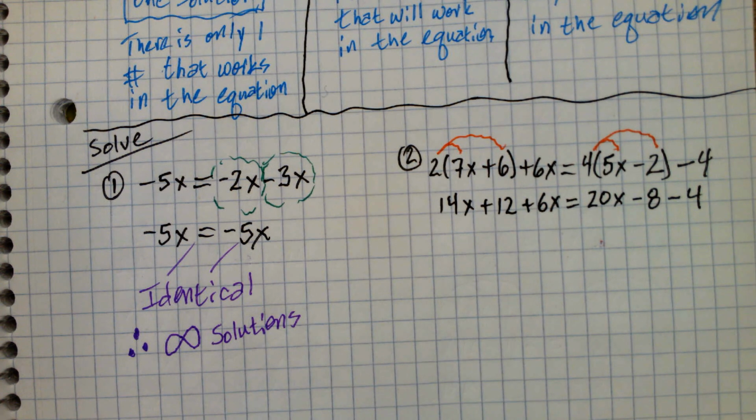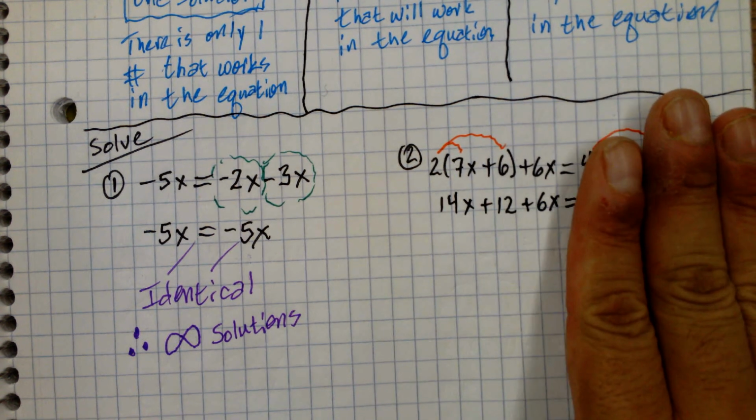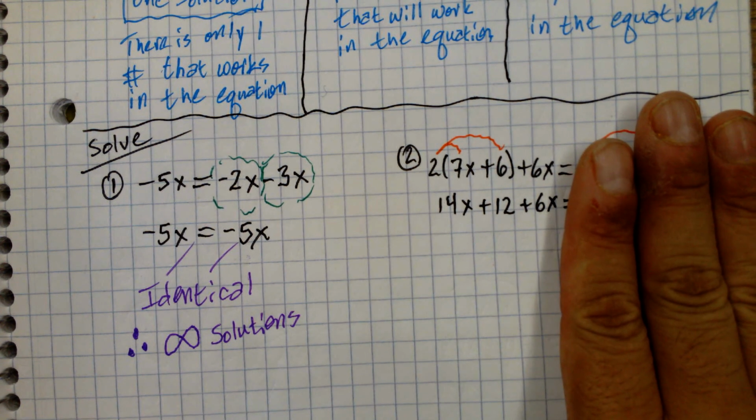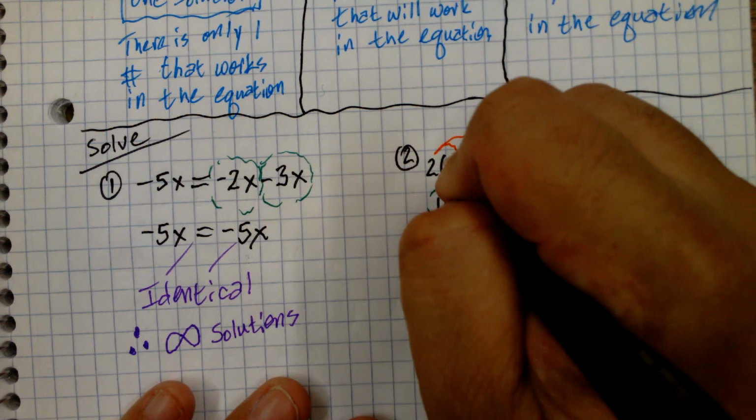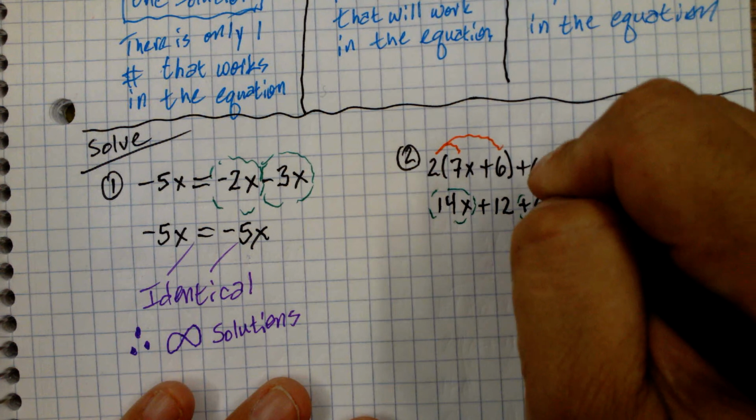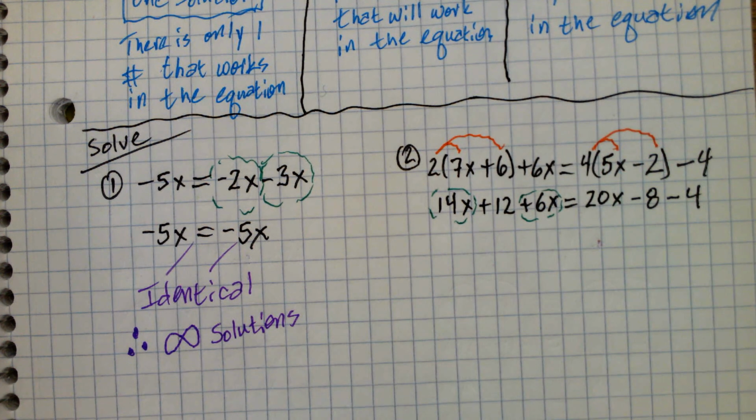Okay, so we distributed. I'm looking at my left side and noticing I can combine a few things. 14x and positive 6x. And so what's that going to give me? 20x. Okay, so let's go ahead and write that down.